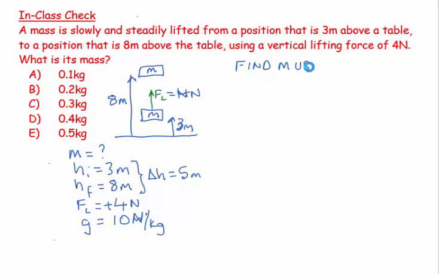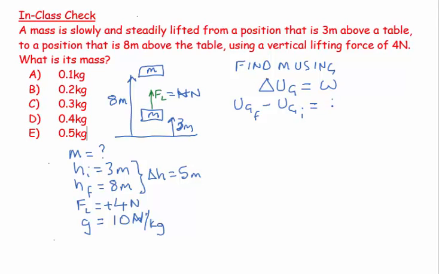So find m using, and I'm going to say my change in gravitational potential energy is equal to my work done. In this case, I'd say the work gravitational potential energy theorem. I can expand this and say this is simply U_G final, my potential energy final, minus my gravitational potential energy initial.